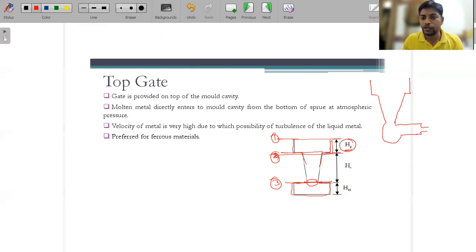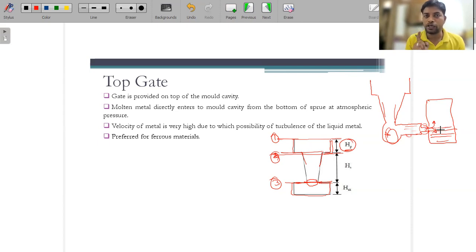If we consider one of the figures from the very beginning in the casting terminology, this is the sprue, this is the skim bob or choke, because the skim bob is also available somewhere. This is a runner and this is a gate. The molten material first comes here, fills this area, then it moves toward this side.